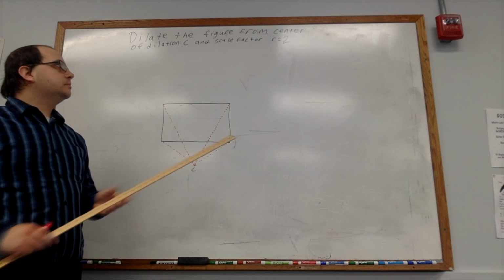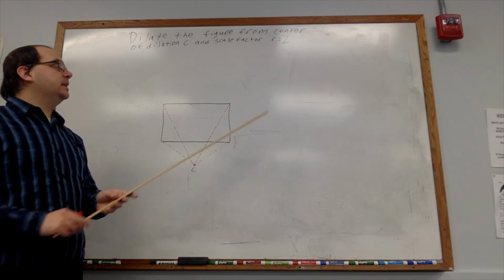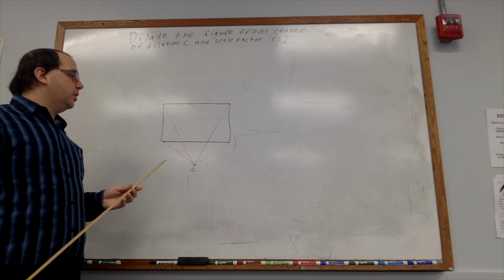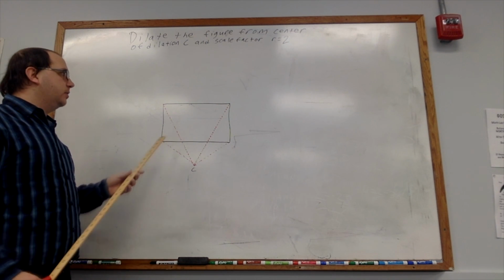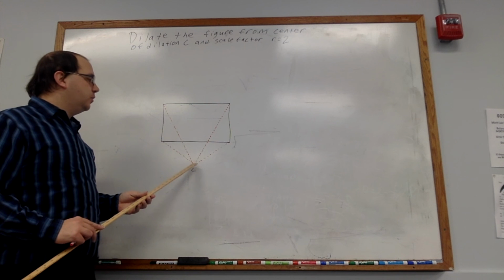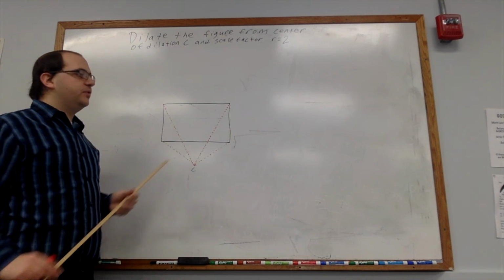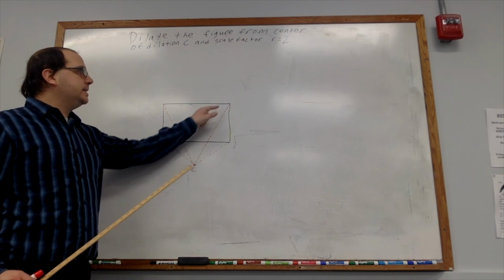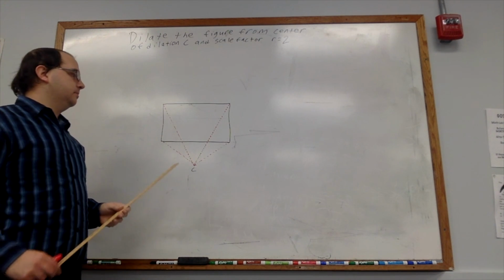Now, it's a scale factor of 2. So we have to figure out twice the length of each of these dotted lines. We want to extend them out twice as far as they are here.